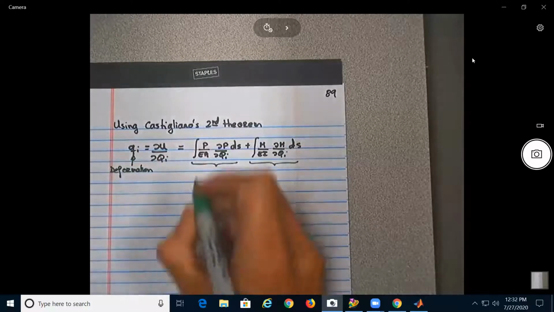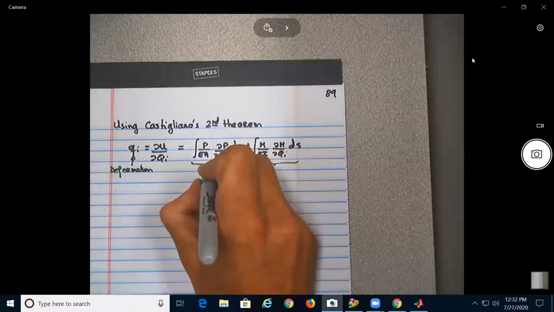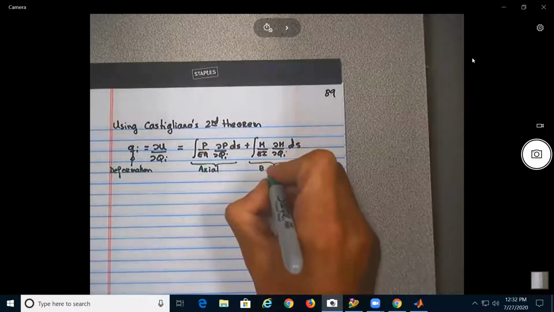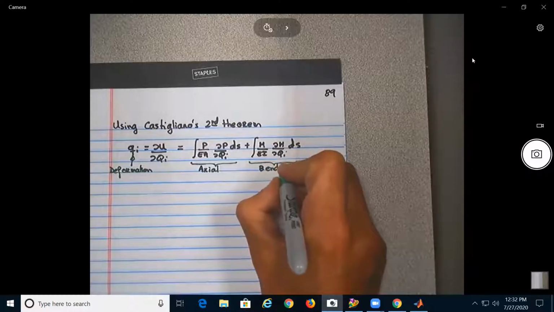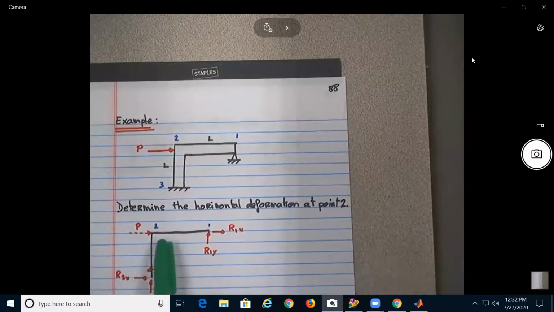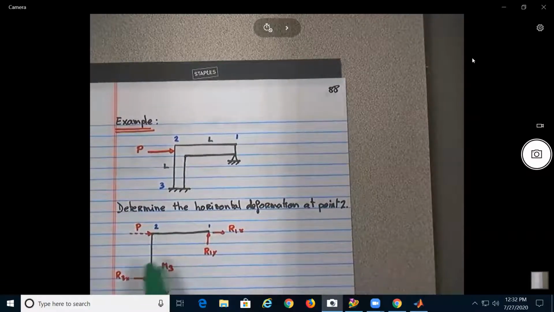At point 2, we have a deformation due to axial deformation for bending 1, 2, plus another deformation due to bending, no? Okay, so over here, we have axial. This is going to be pushing on this one, and then bending of this one.